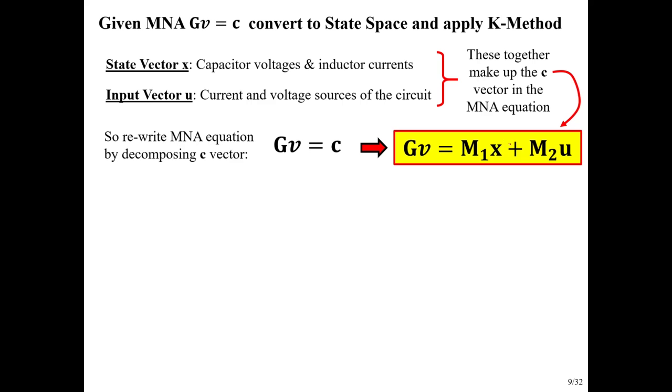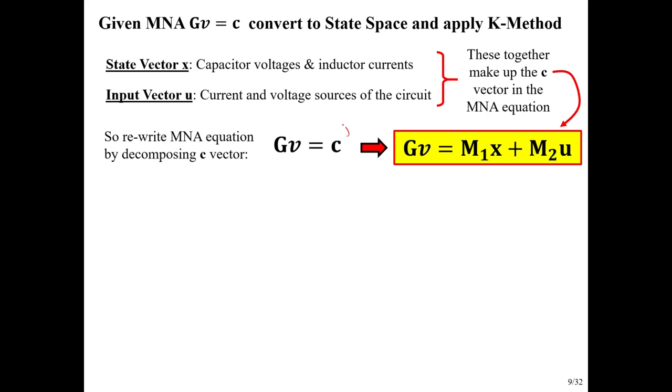And then we'll have our state vector, which will multiply a matrix M1 to create the right positions in our C vector. And again, M1 will just consist of some ones and minus ones in appropriate places. So that's all we're doing.